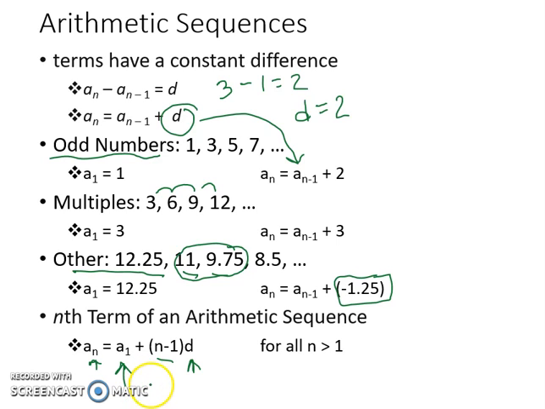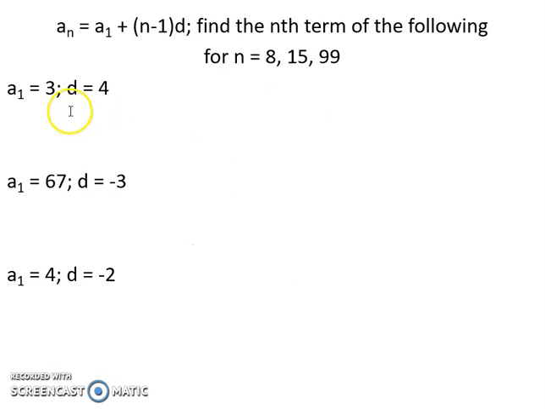Let's take a couple of examples of these. So here we have this sequence, A1 equals 3, our distance is 4. We want to find n equals 8. So A8 equals 3 plus 8 minus 1 times 4.